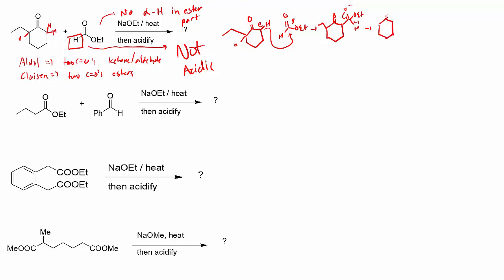We end up with this. An acid-base reaction is unstoppable at this point. Okay, I'm going to draw it as the anion. And we're going to add the proton back.